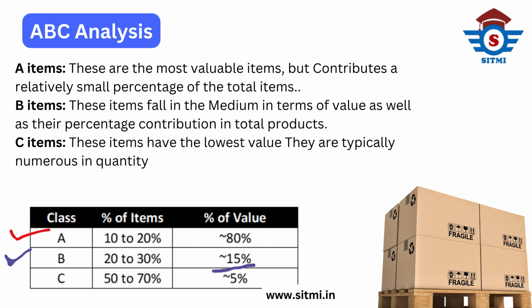C class items are completely opposite to A class items. They have the lowest value, and they typically contribute a numerous quantity in the entire product range. Typically the remaining 50 to 70% of inventory items, which account for only 5 to 10% of inventory value, are part of C class items in the ABC classification.